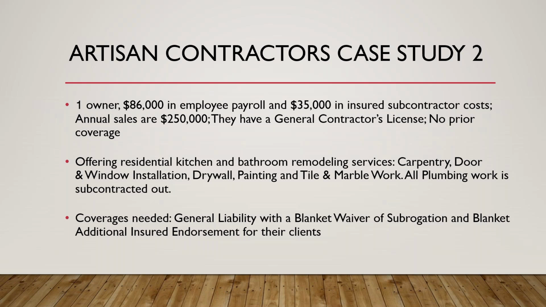However, like I mentioned before, the subcontractor costs must be at least 40% or more of your client's operation in order to be considered under the GC program. So due to their annual sales being 250,000 and sub costs at 35,000, we're still going to consider them under the Artisan Contractors program.